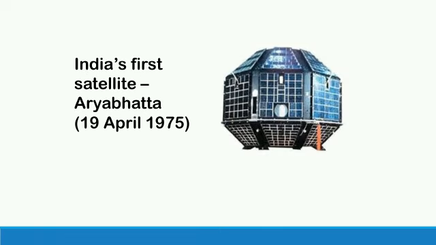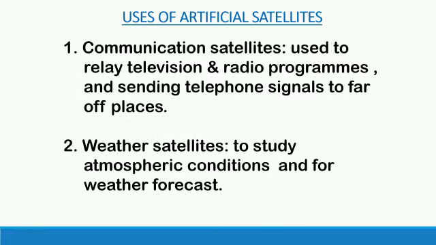Here you can see India's first satellite, Aryabhata. It was launched on 19th April 1975. India has launched many artificial satellites like Rohini, INSAT 1B, INSAT 1A, etc.